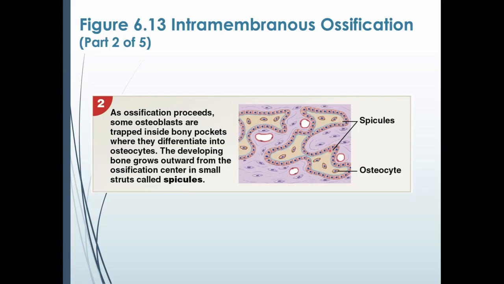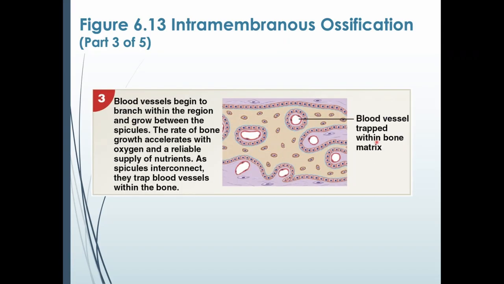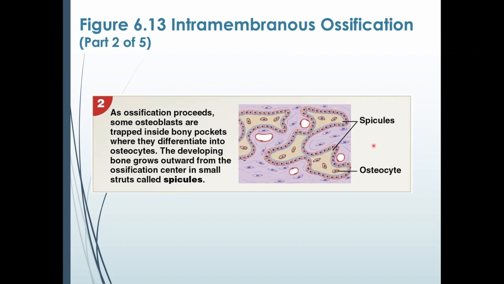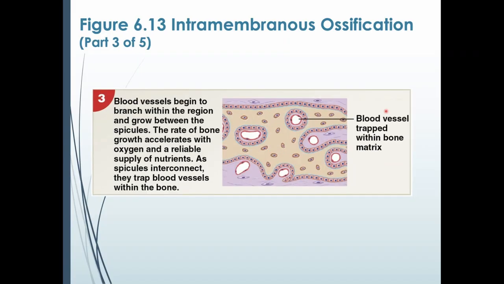These are just struts, these kind of extensions, right? When you strut, you kind of move forward with it. So those are called spicules. And the term spicule is actually pretty generic because you will find it in other biological vocabulary, but it's more about the shape, the extension of it.